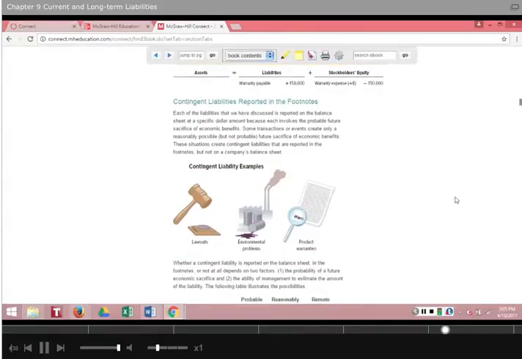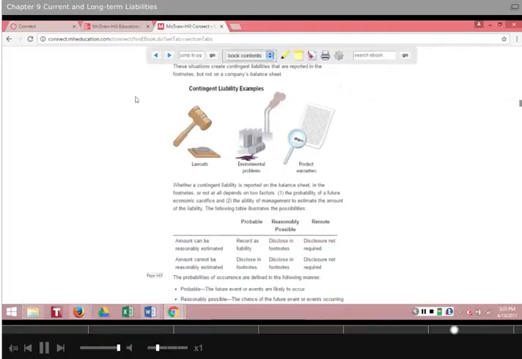However, there are contingent liabilities that are only recorded in the footnotes because they may be probable but not estimatable, or they may be reasonably estimated, but they may not be probable. They may only be possible. And so in that case, we would disclose those in the footnotes.